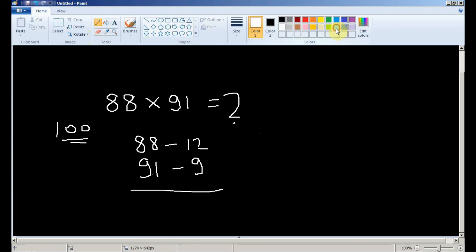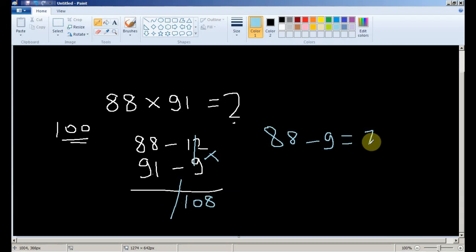So what I mean to say is, if I do a cross multiplication, 12 9s are 108. And this part, 91 minus 12, 88 minus 9, is going to be 79.